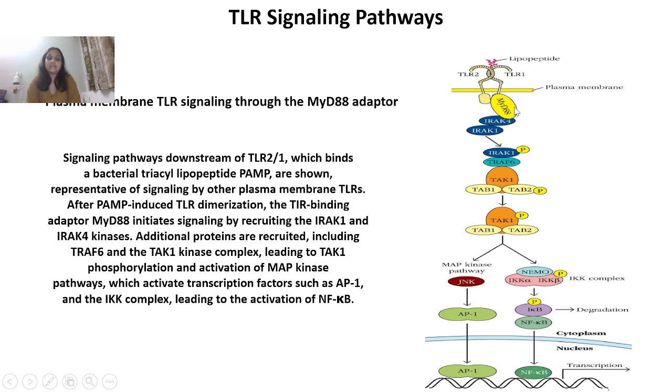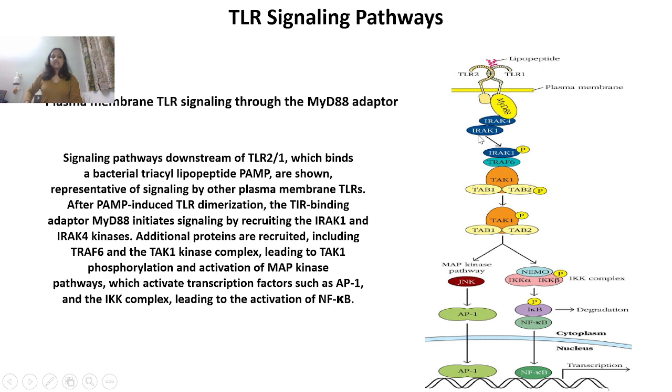This is the MyD88 adapter, and it initiates signaling by recruiting different kinds of kinases. Whenever there is a sensing of this pathogen, this dimerization, then there is a binding of this adapter MyD88, which is connecting this TLR to different kinds of kinases like IRAK4, IRAK1.